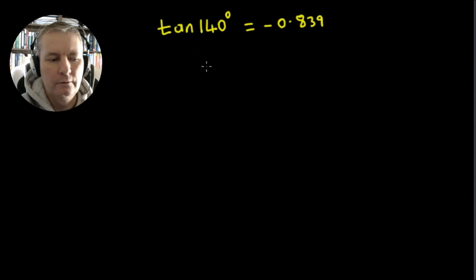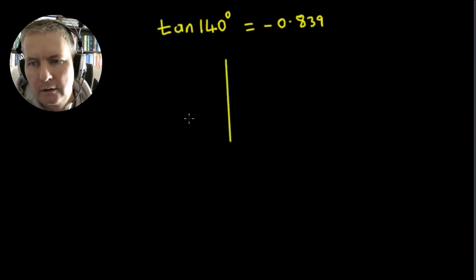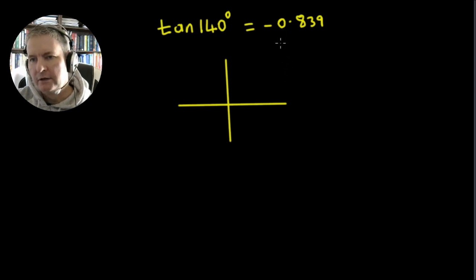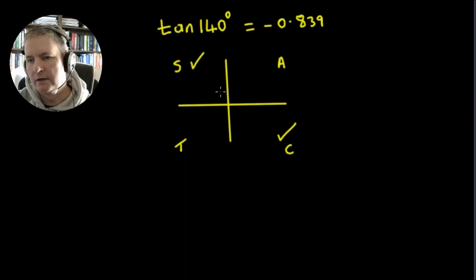Now we know from our quadrants that in this instance here the tan's a negative value, so they're all positive here. The sine's positive, the tan's positive and the cosine's positive. So for tan to be negative, it must be in this quadrant here or this quadrant here.